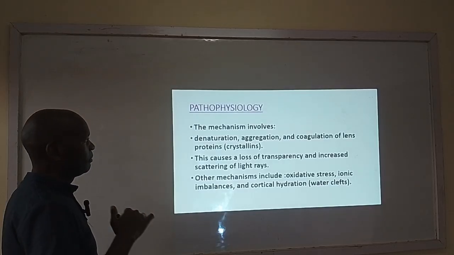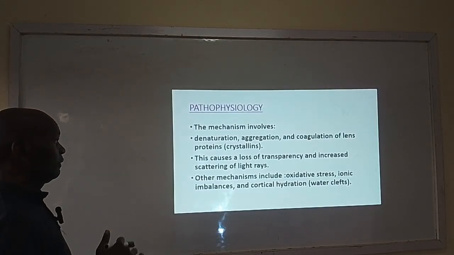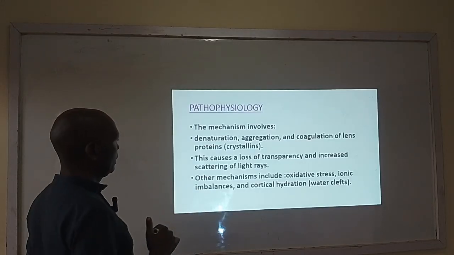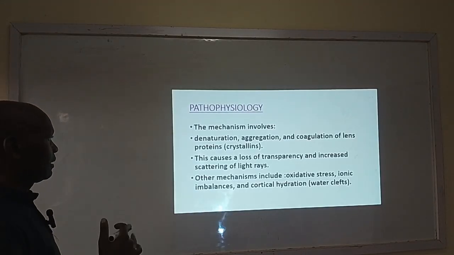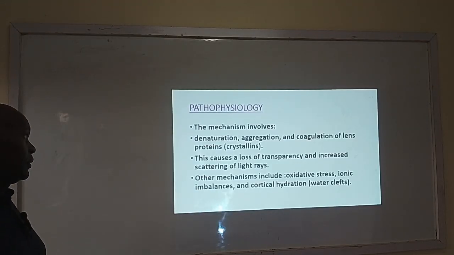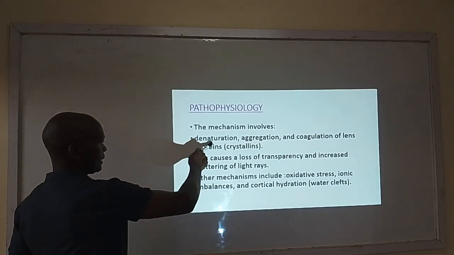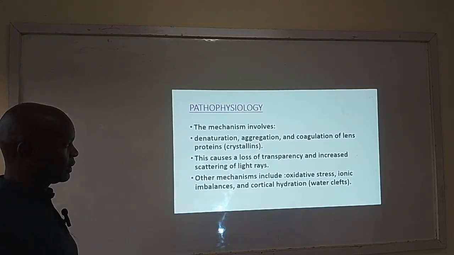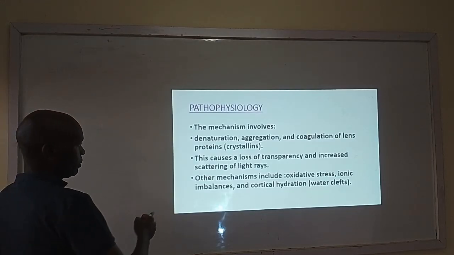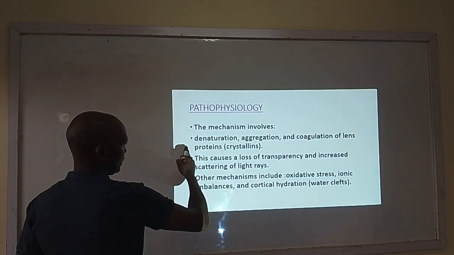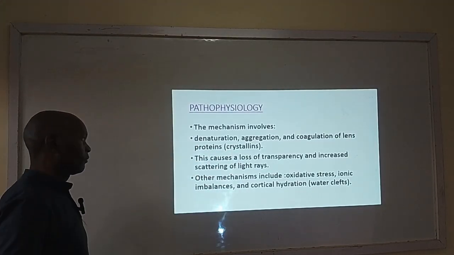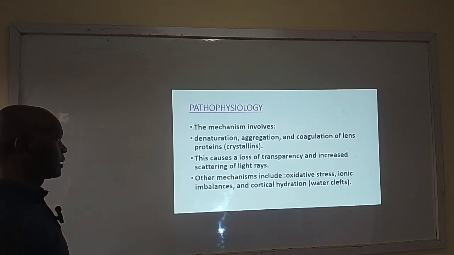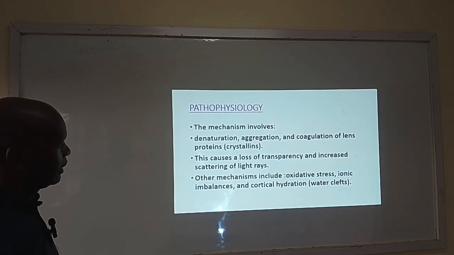That clarity must be maintained. If there is any metabolic activity that interferes with the nature of these proteins in the lens, then cataract occurs. So what you need to know is that these proteins, what we are calling crystallines, are very special proteins in our lens.